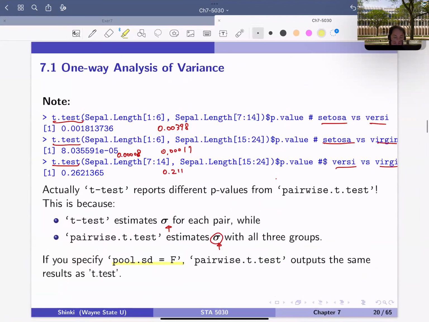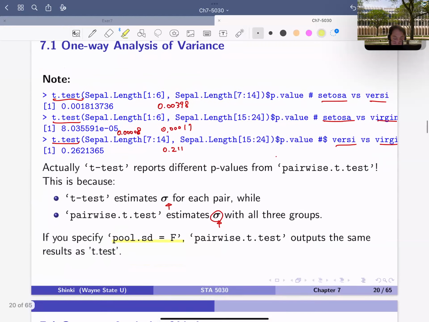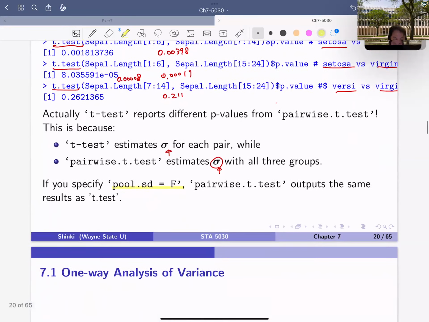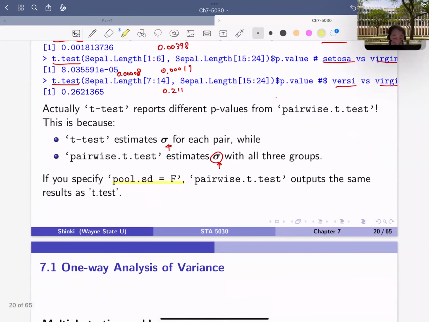So which is correct? Actually, we don't have a general answer. It really depends on the assumption. If you believe that the 3 animals have different variance in height or weight, then certainly we should use just the usual t-test, or pairwise t-test with pooled standard deviation false.